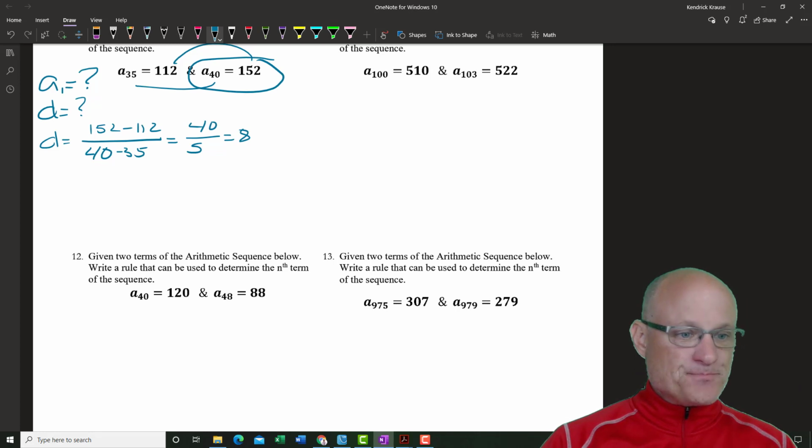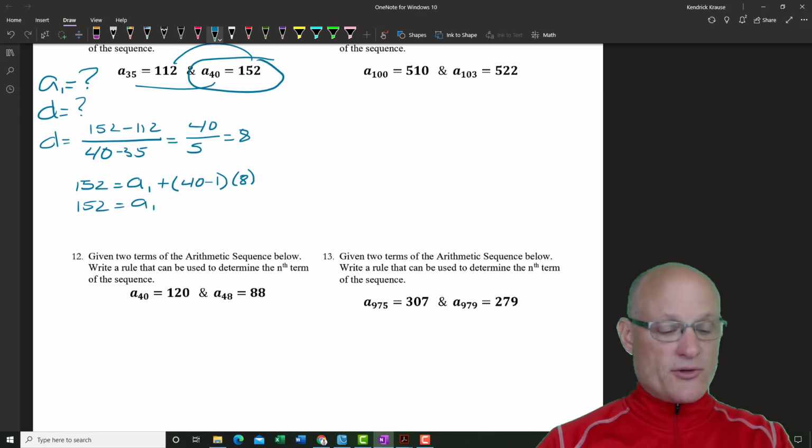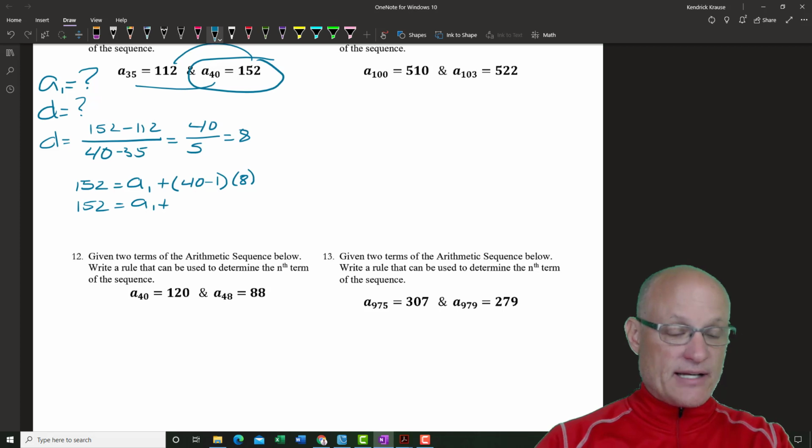So we're going to do 152 equals a sub 1, which we don't know, plus 40 minus 1 times 8. I've now come to the end of my math knowledge. 39 times 8.